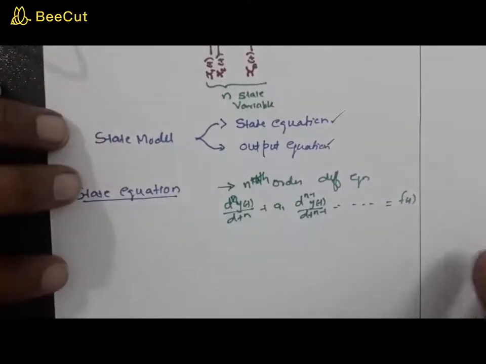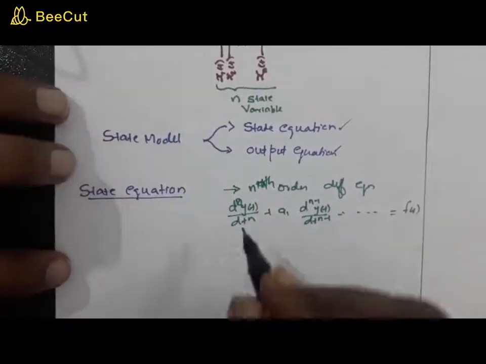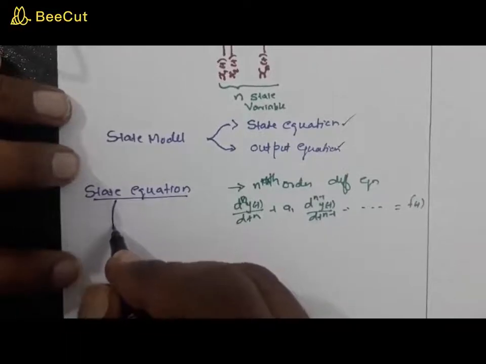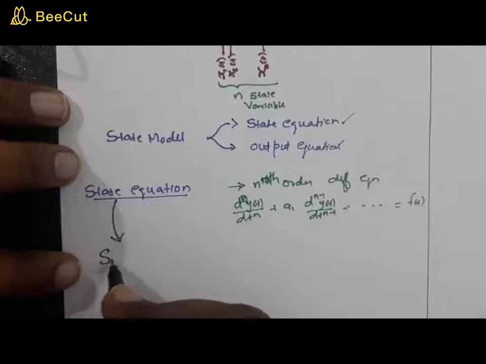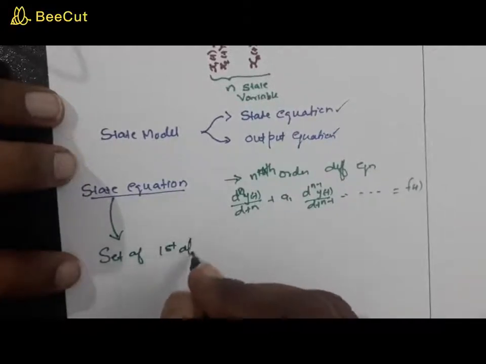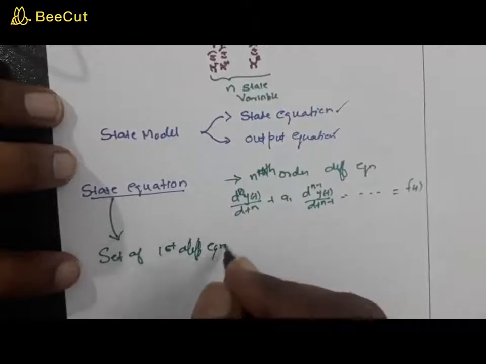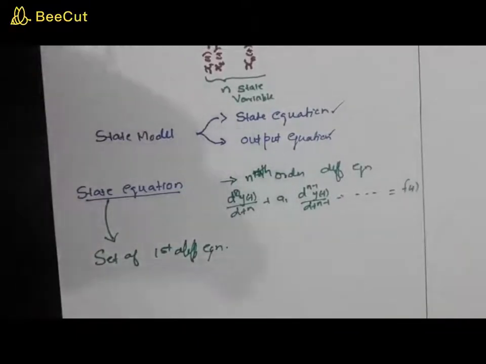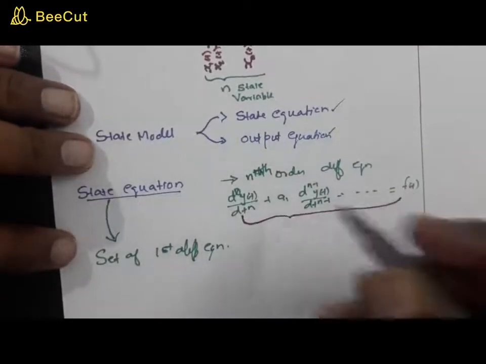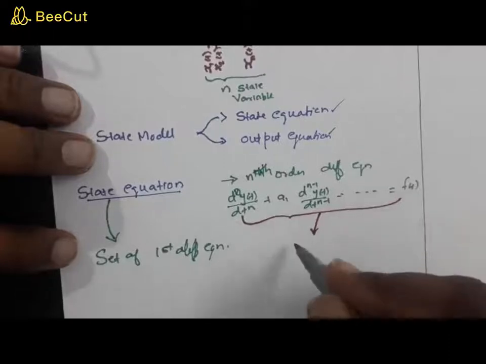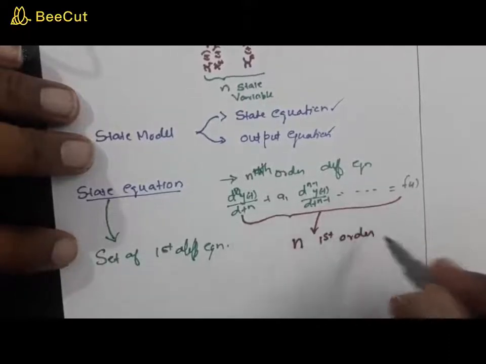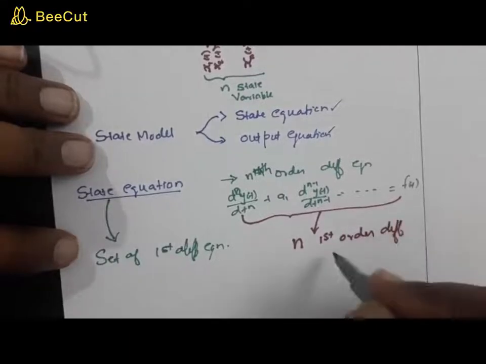Now, this nth order differential equation: what the state equation refers to is a set of first order differential equations. What I mean is, if you have an nth order differential equation which represents a system, you can break it into n first order differential equations.